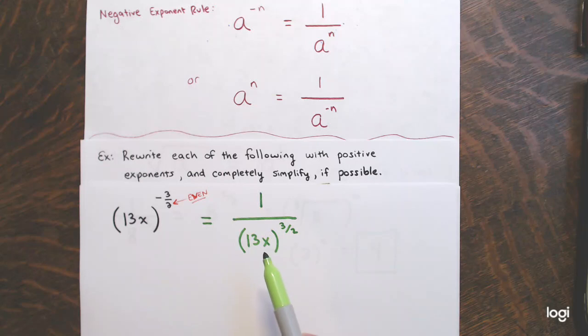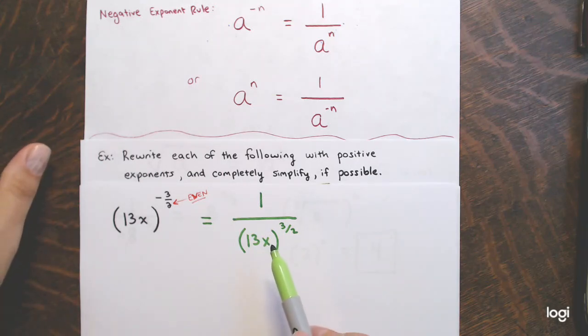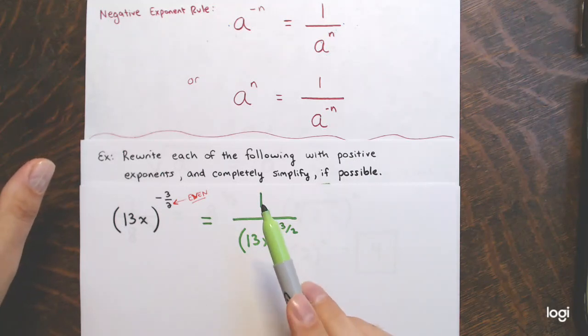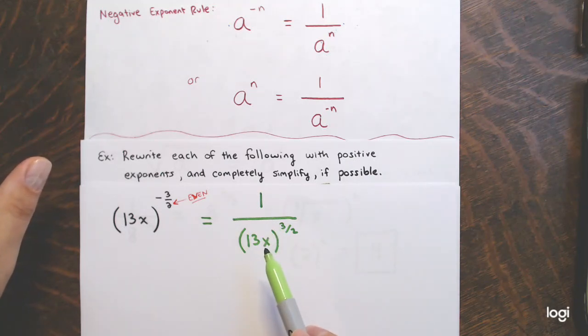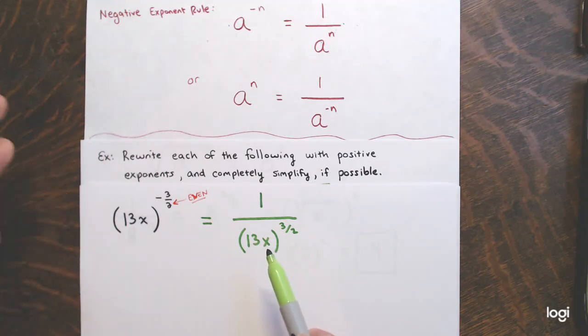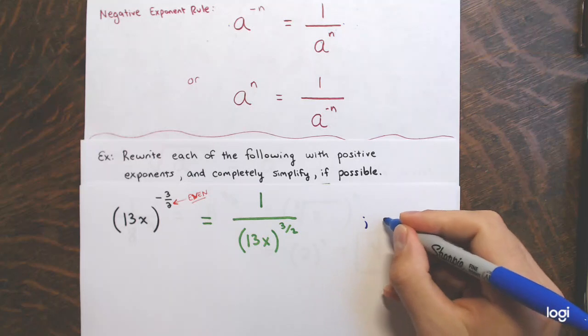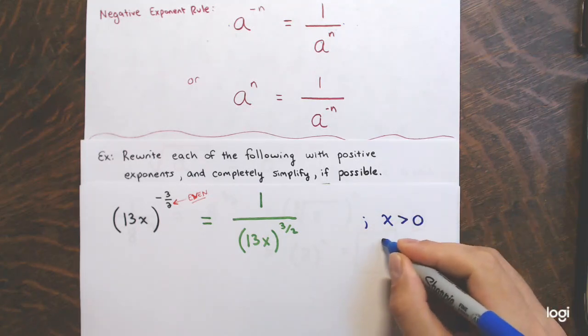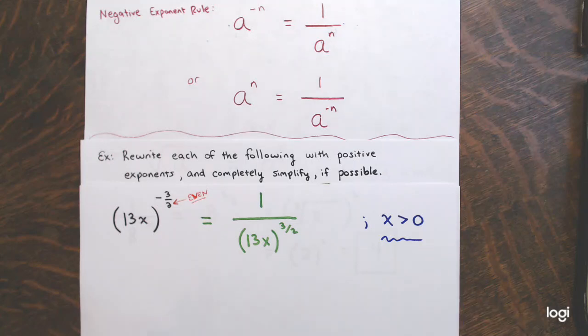So can you see how x can't be 0 also? So it's got to be a positive number, because if x were 0, you'd have 0 in this denominator here, 0 to the 3/2 power. So off to the side, I'll write that. The values I can use for x are only positive.